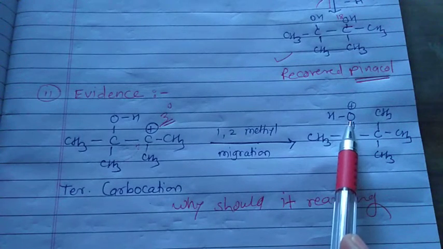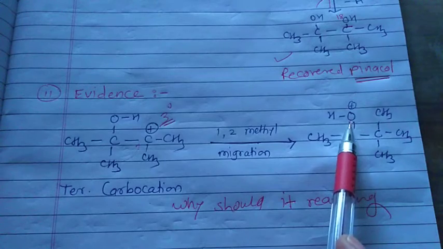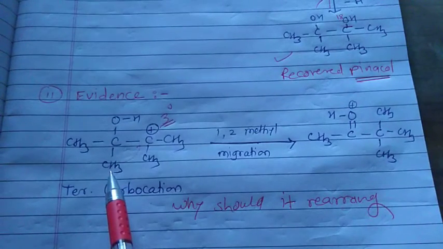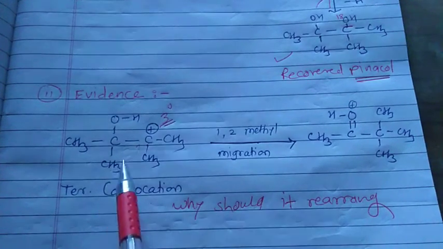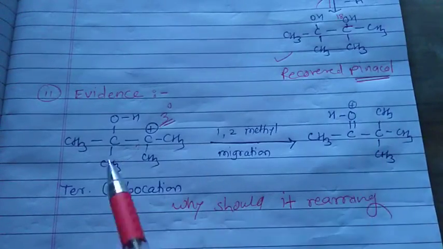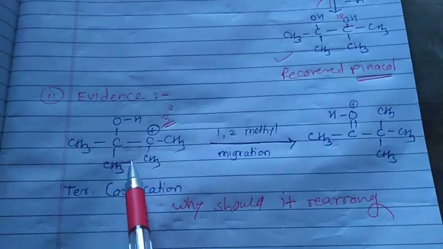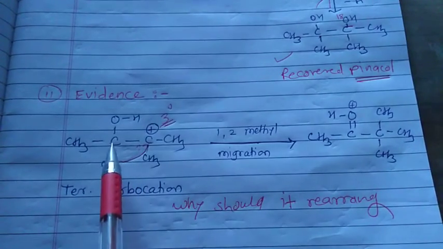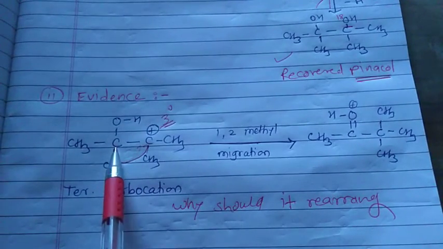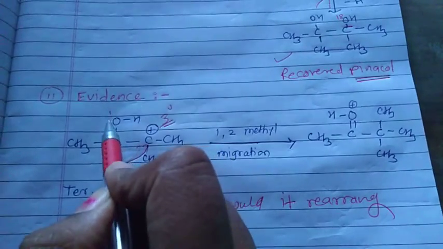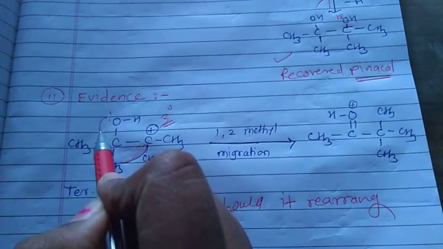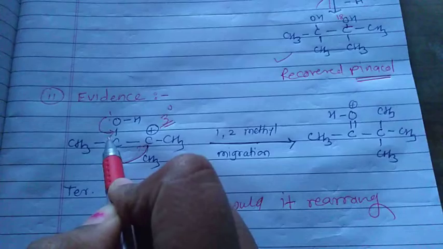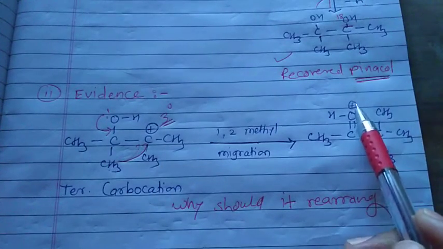The reason is that due to the migration of this methyl group, the positive charge moves to this oxygen side. Whenever this methyl group migrates to here, this carbon becomes positively charged. Whenever this carbon becomes positively charged, this oxygen donates electrons to this carbon and this oxygen becomes positively charged.